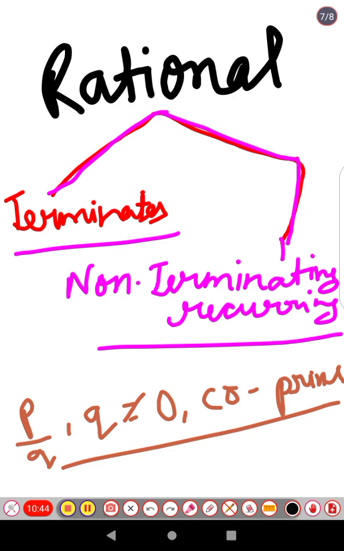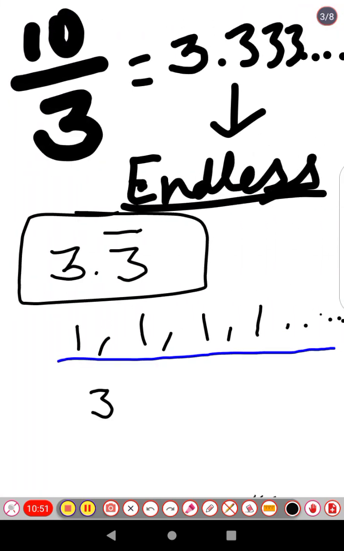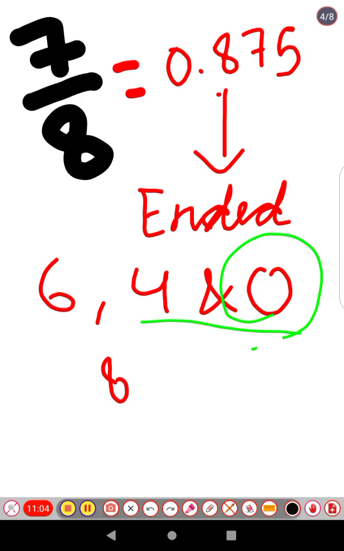So this was all about rational numbers. Let's have a quick recap. So we have seen a rational number with a few examples. For example, 10 by 3, and it is endless. It means it is 3.3 bar, which is non-terminating but recurring. 7 by 8 means 0.875.